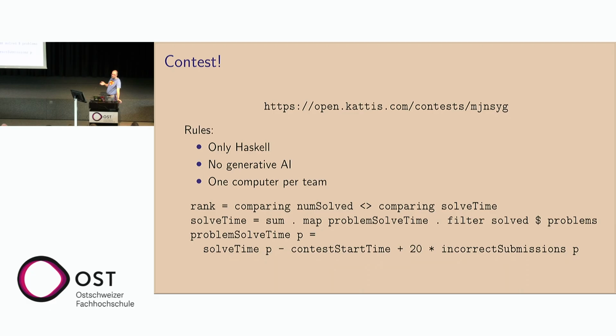So you can work with as many people as you want, but you can only use 1 computer. So you can't just be like, okay, you do this problem, I'll do this problem. You have to share the computer. If you care about the ranking system, this is it. So it's first by number of problems solved, and then the tiebreaker is the total solve time, which is basically the time that it took you to solve the problems plus 20 minutes per incorrect submission. But if you care, whatever.